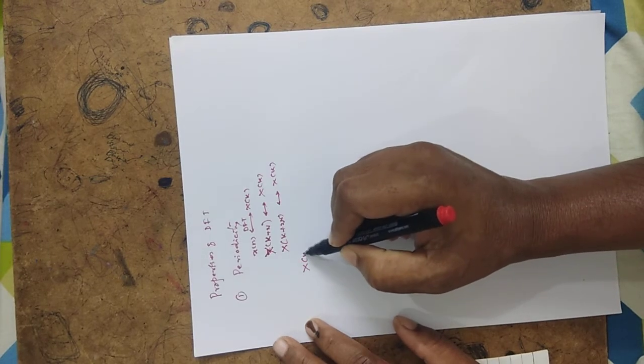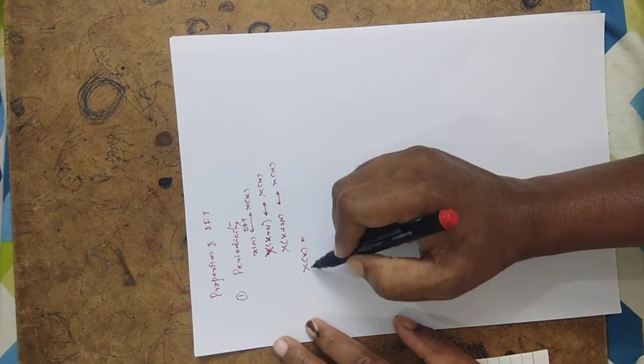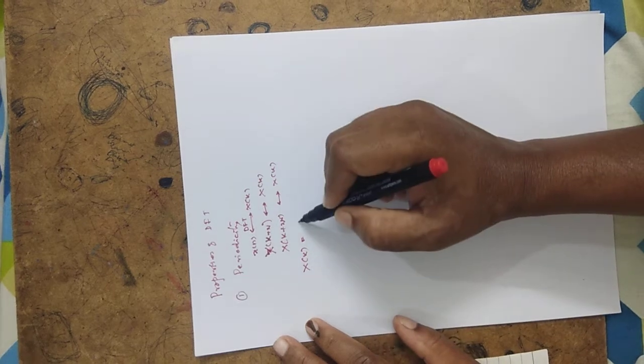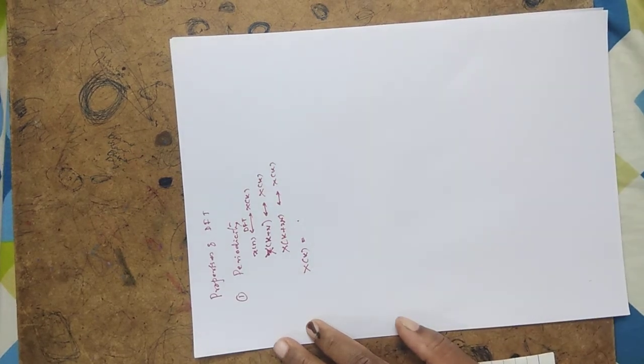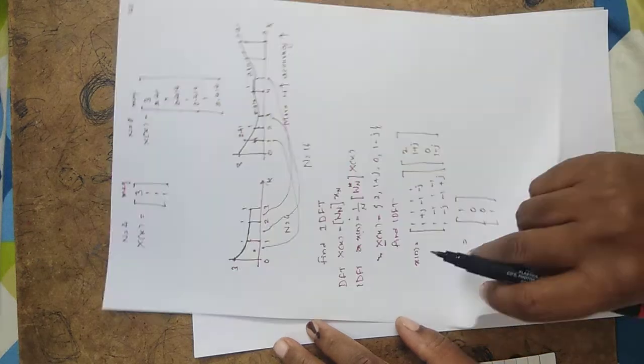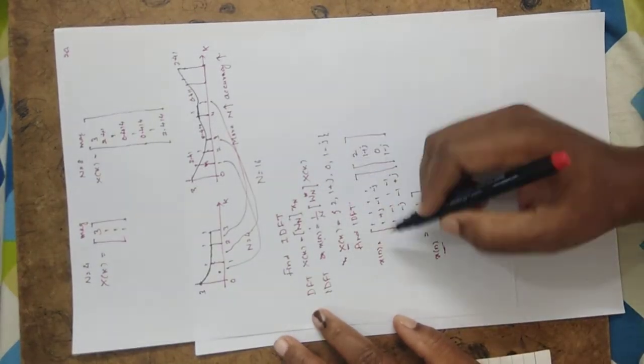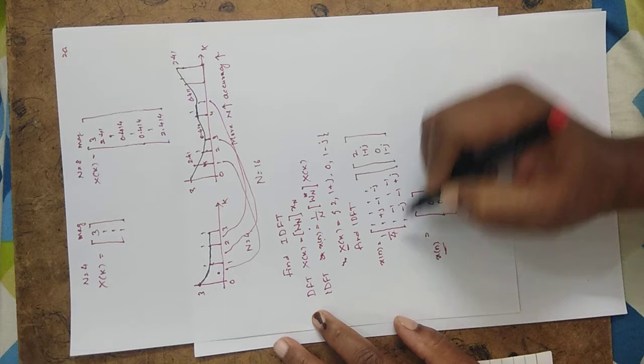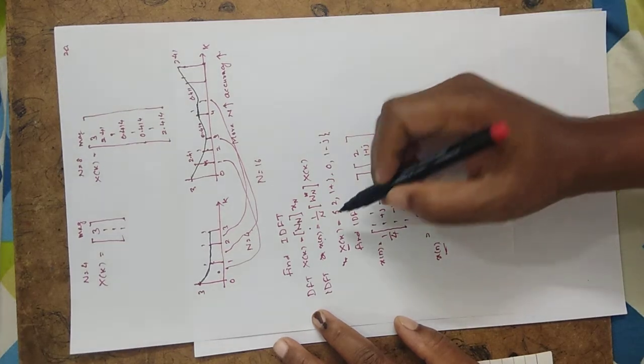We'll start with the basic equation. The IDFT is given by, in the last case 1 by n was there, here you have to write 1 by n, where n is 4. This part is missing.